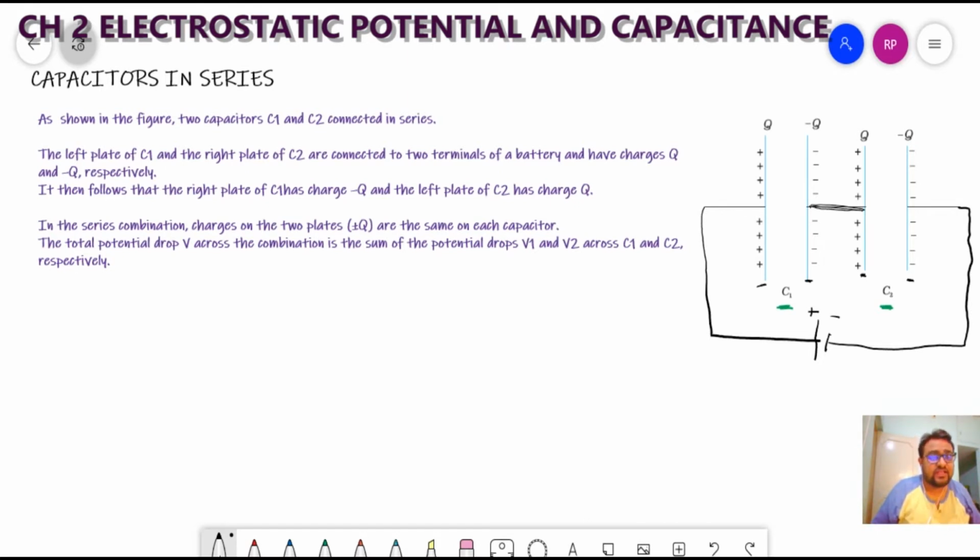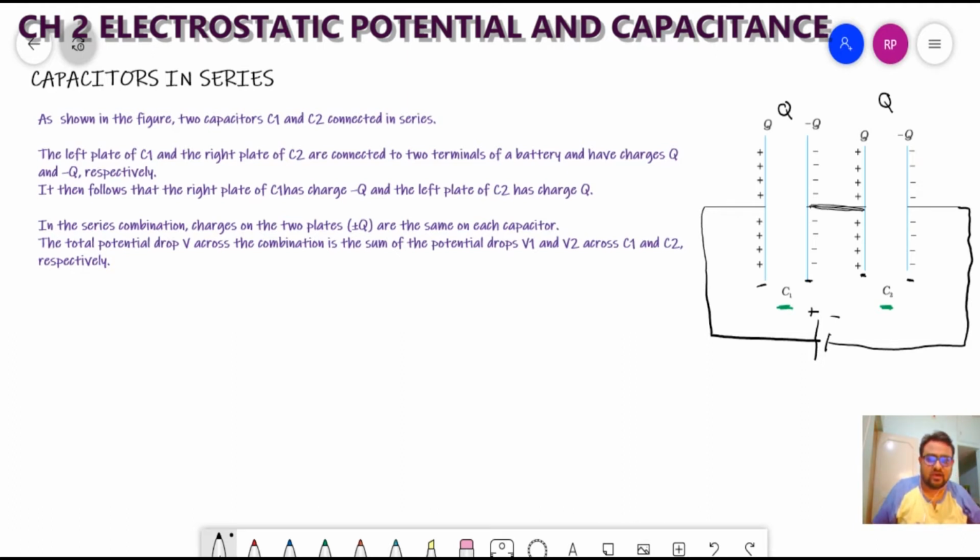Now see, in series connection, in both the plates, the charge will be the same. Means here, if I take this to be Q, then this will also be Q. I will take plus minus Q because on one plate it will be negative charge, another plate will be positive charge. But in series connection of capacitors, the charges will be the same.